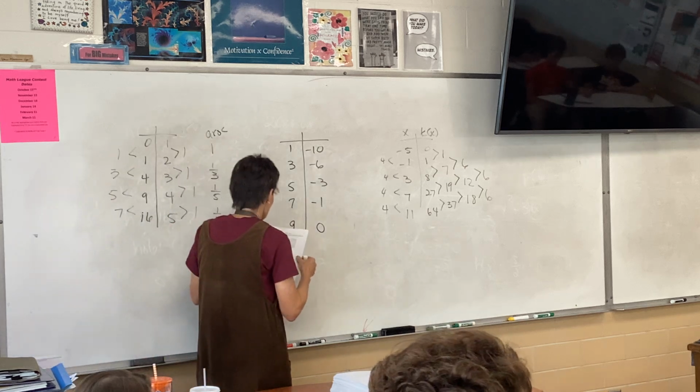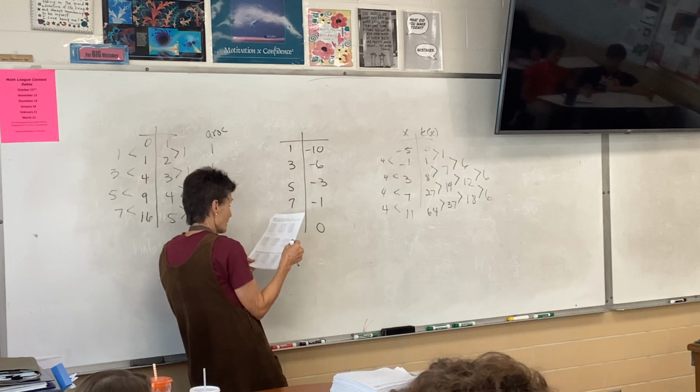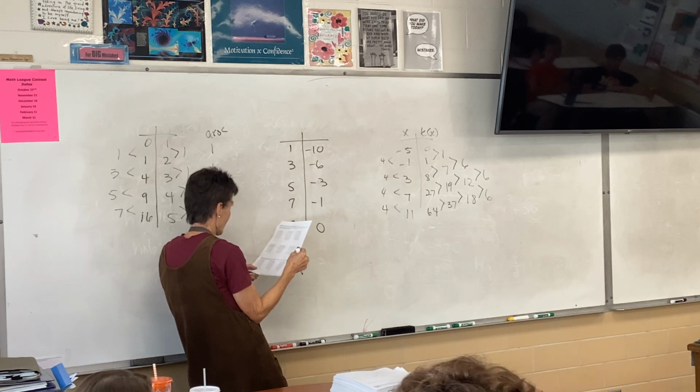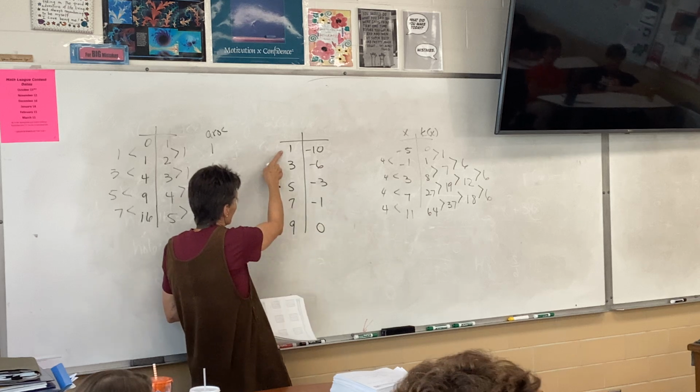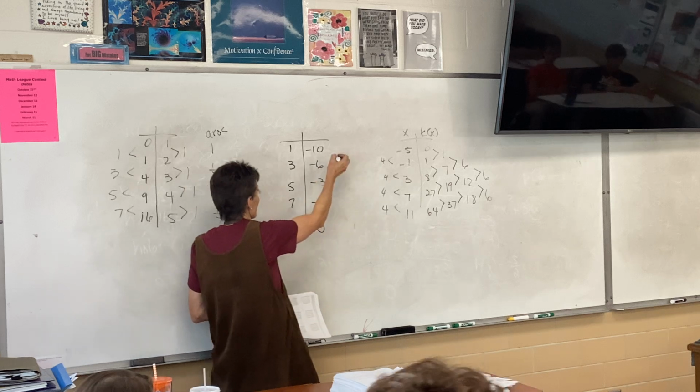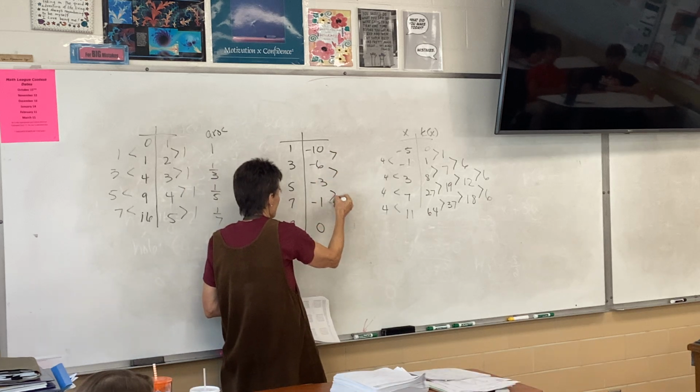Okay. All right, let's take a look at this. Now, all we're doing is figuring out if it could be concave up, concave down, or neither. Let's find our average rates of change.